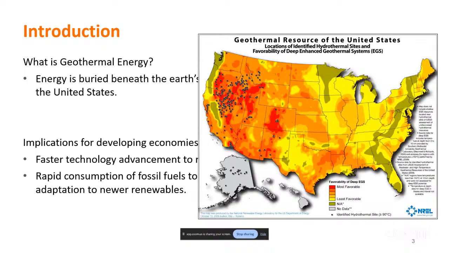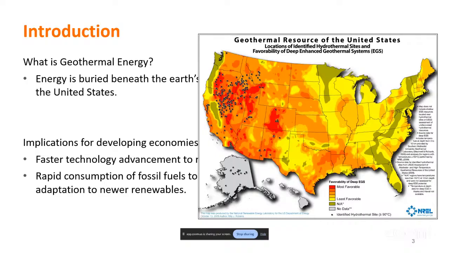The black dots you see are like wells where they are utilizing hydrothermal resources. This map is developed for a 10-kilometer depth, like I said. So it depends on the depth and how far you go. You can get as high a temperature as you want.